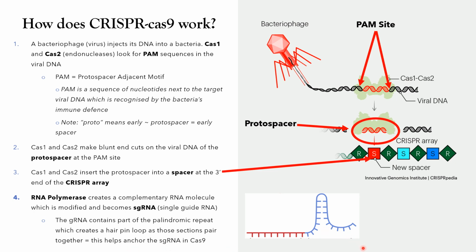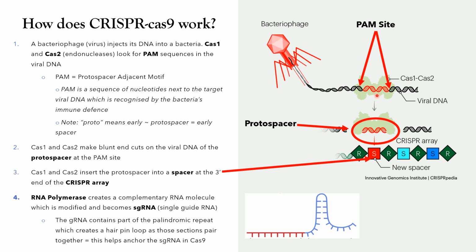So it sounds like a lot, but let's briefly run over it again. So the bacteriophage, this virus, injects its DNA into the bacteria. On this viral DNA, we have PAM sites, which are a sequence of nucleotides that are next to the protospacer.